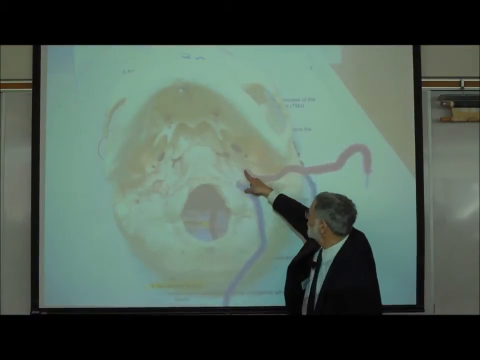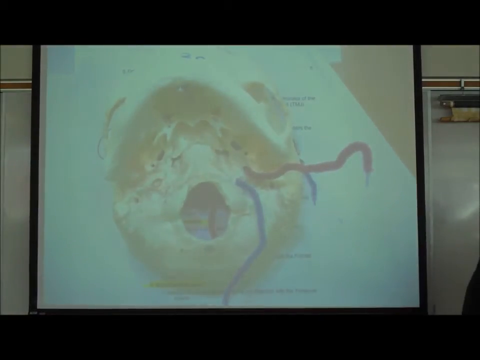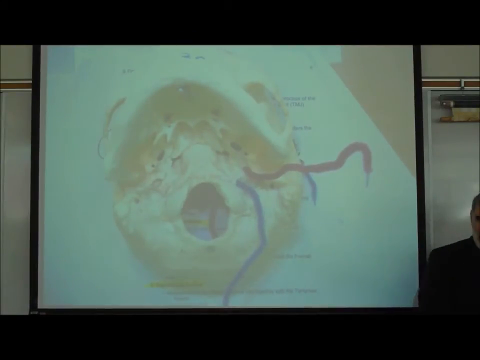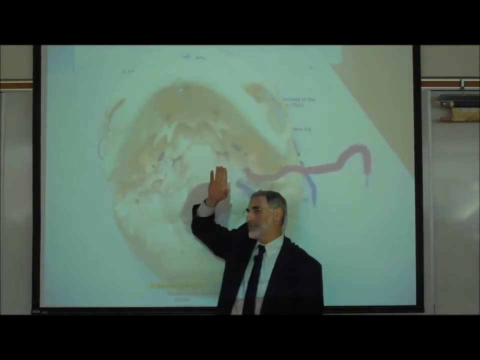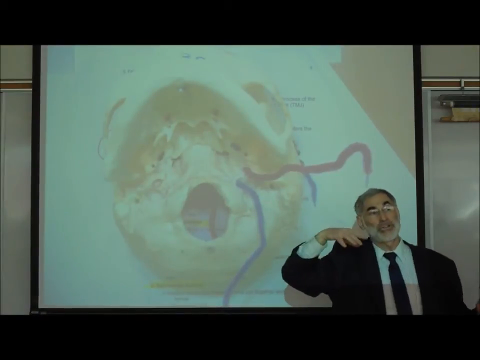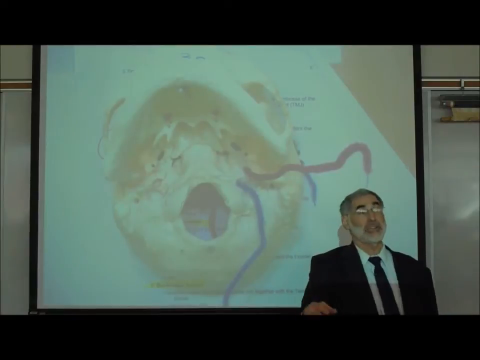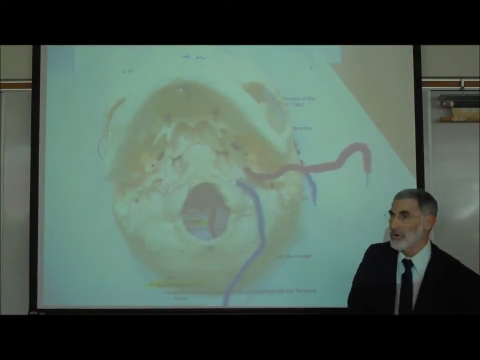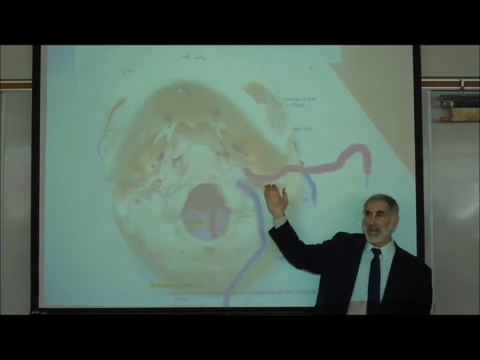It actually goes into the skull through a canal on the inferior side, and this is carrying oxygenated blood to your brain. If there's any reduction in the flow of oxygenated blood to your brain, that results in some part of your brain dying from lack of oxygen, and that's called a stroke. So a stroke is when part of the brain dies because of a reduction in oxygenated blood flow.